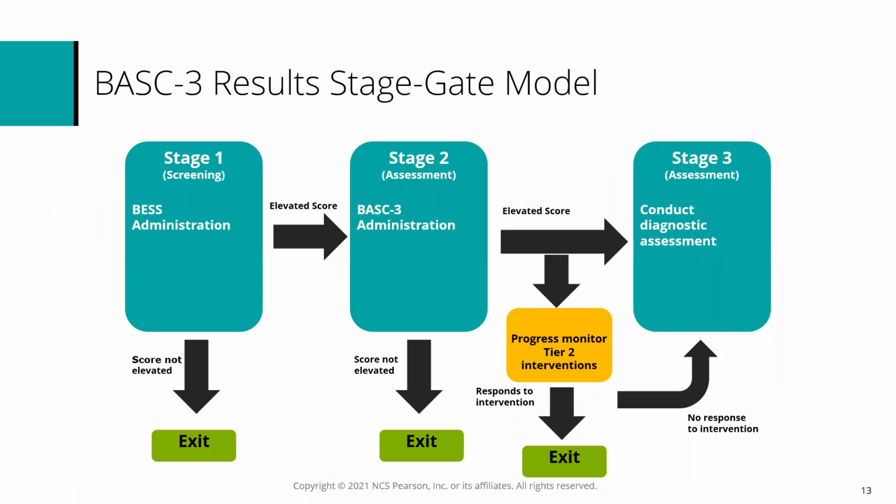This is the stage gate model and how the BESS can be incorporated into a larger framework for evaluating and managing behavioral and emotional issues, especially considering the state that we are currently in. Students identified as at risk on the BESS require additional assessment or services, and then they're moved to the next stage. And the amount of resources and time spent, of course, increases with each stage in this process.